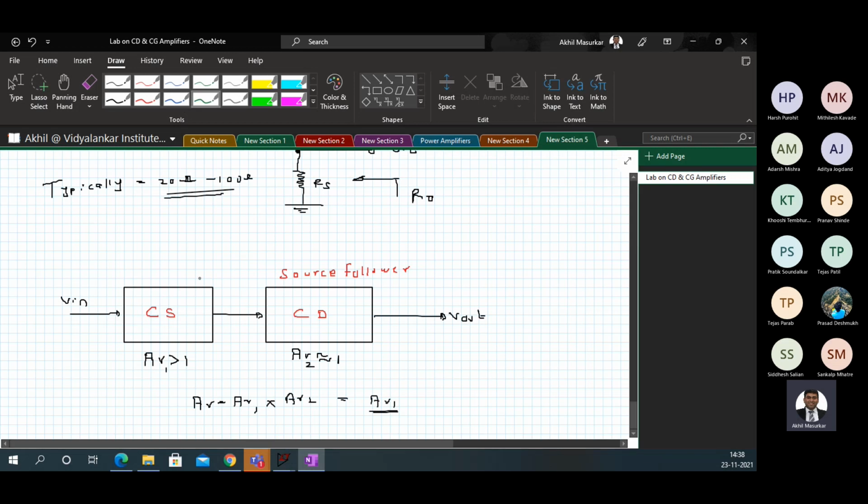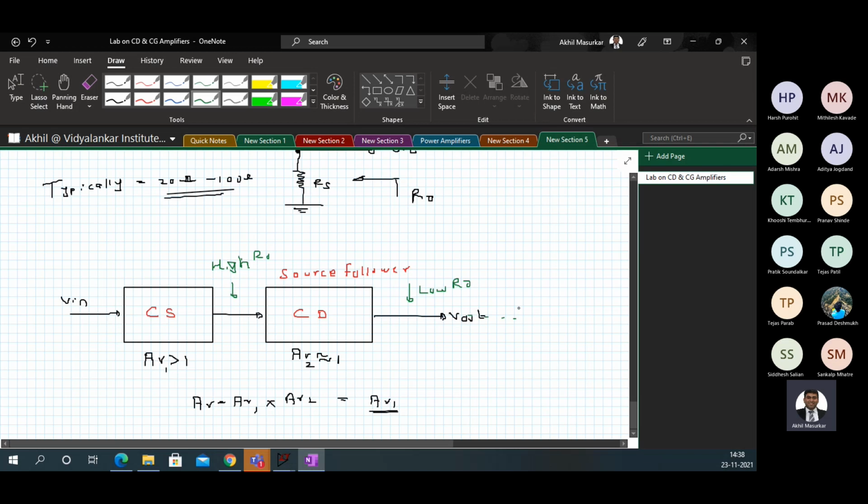What this does is, here we have high RO, and the common drain amplifier can translate this high RO to a low RO.